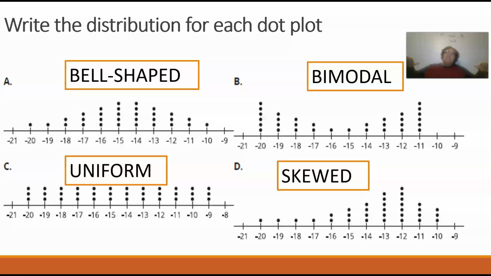And now the skewed: it could be skewed left or skewed right, meaning most of the data could go left or most of the data could go right. But it's skewed. If you got all those right together, give both of yourselves a round of applause.